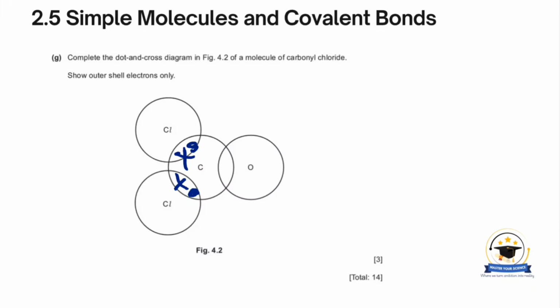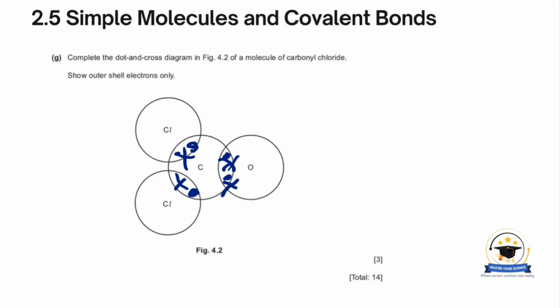Then here we'll have 2 covalent bonds, so that's two pairs of electrons. So 2 pairs of electrons there. And then, as you can see, carbon now has a full outer shell. It's got 8 electrons.